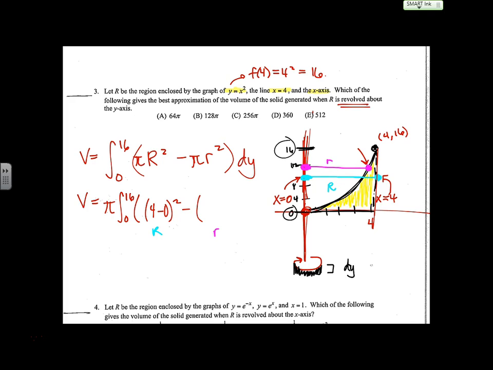What's the right of little r? There you go. But the problem is, do I want to put an x squared in my nice little dy formula? So I have to solve for x, so then x is equal to, why am I going to say just the positive root y, not plus or minus? Good, we're on the positive side, so I need positive root y minus, who's on the left of this guy? Good, x equals 0 again.